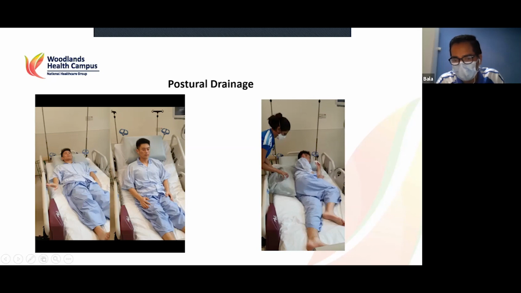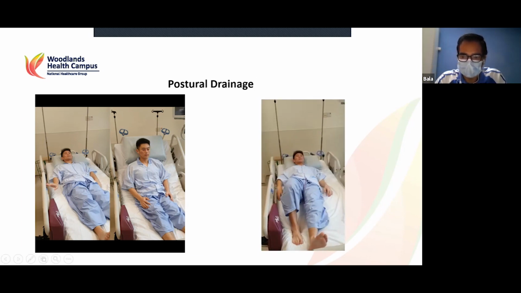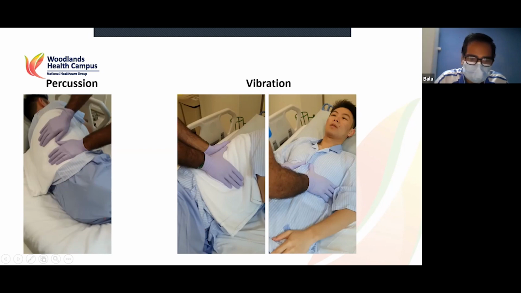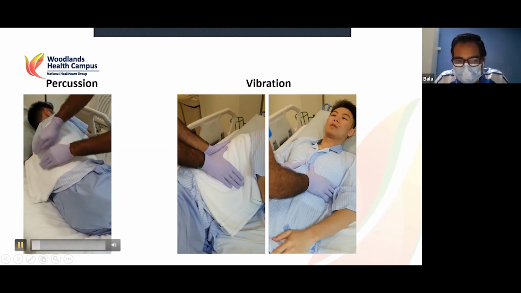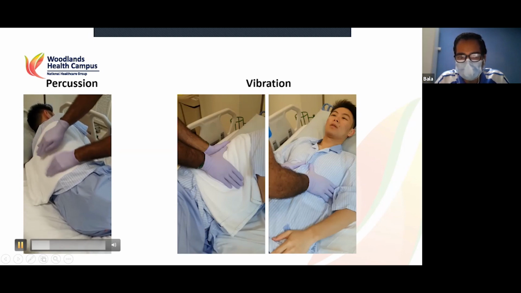Okay, so that's your postural drainage position. Okay, I'm just going to go to the next one. So just to summarize, upper lobe, prop up. Middle lobe and lower lobe, based on the sides you want to drain, you bring the side up and then you turn to one side.